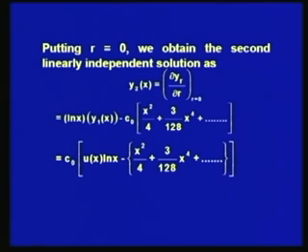So y2(x) is equal to ∂y/∂r at r equal to 0, which will give us ln x into y1(x) minus C naught times x square over 4 plus 3 over 128 into x to the power 4 and so on. y1(x) is equal to C naught into u(x), so we get C naught times u(x) into ln x minus x square by 4 plus 3 over 128 into x to the power 4 and so on, which let us call as C naught into v(x).